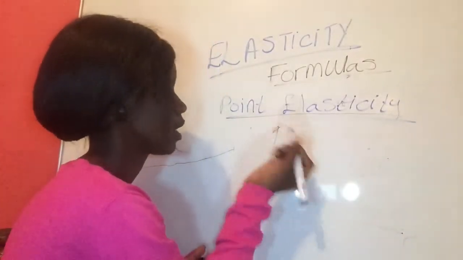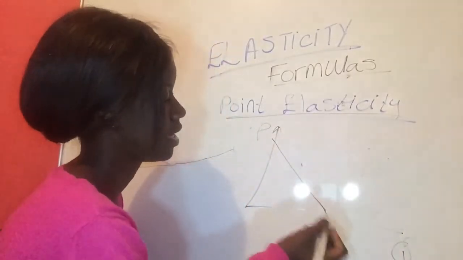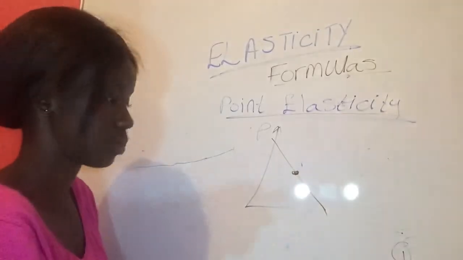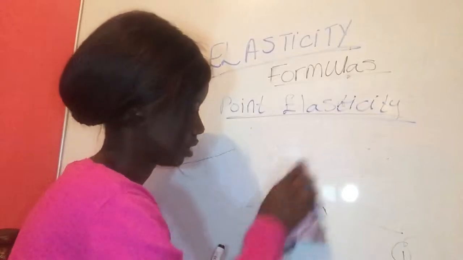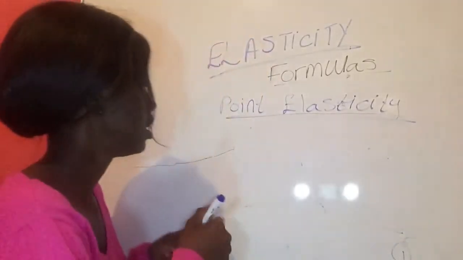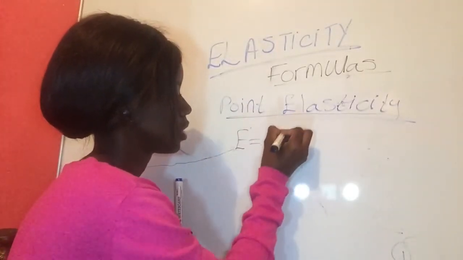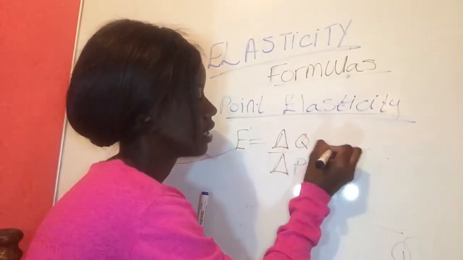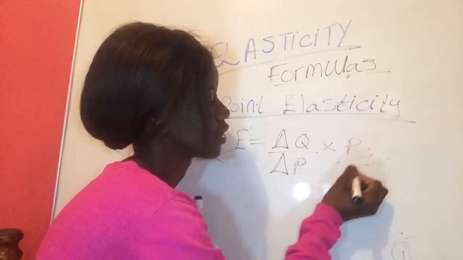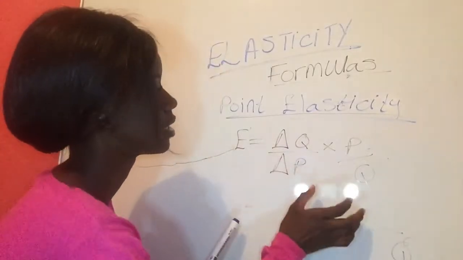You have price, you have quantity, and you have your demand curve like that. And then you want to find elasticity maybe at this point. The formula I'm about to write down is the formula you use. Elasticity is equal to change in quantity over change in price times P over Q. This is the formula you use for point elasticity.